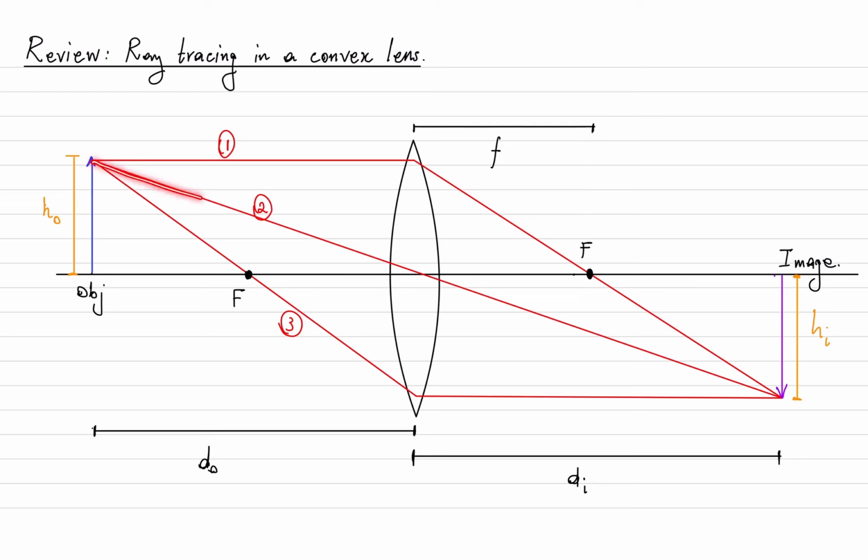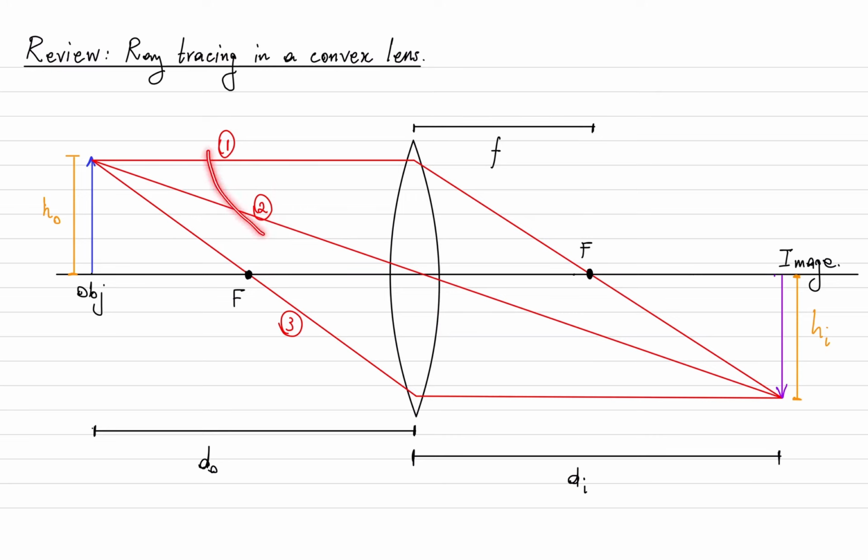This light ray propagates from the object itself through the lens with its direction unaltered. That's very important. The light rays that pass through the center of the lens are not altered in their direction of propagation.